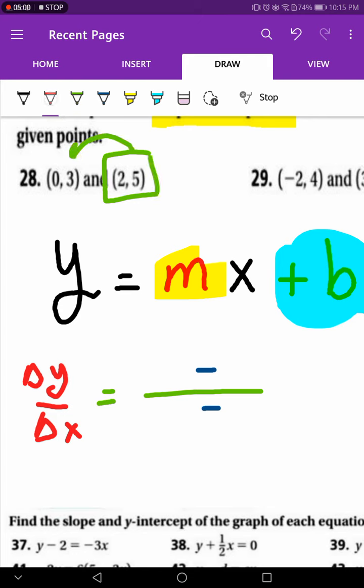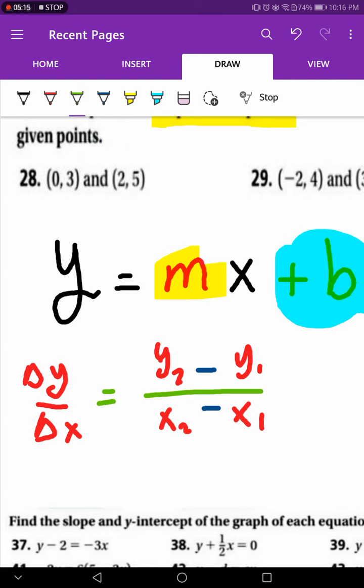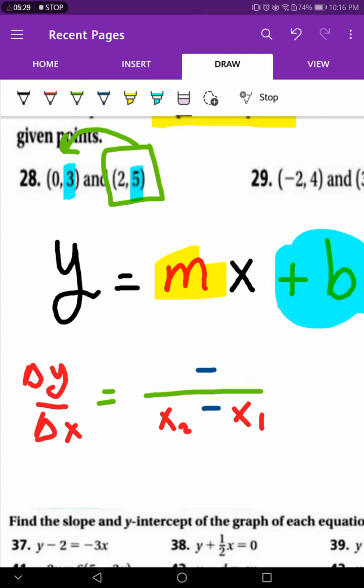But you have to keep in mind, you have to make y2 minus y1 over x2 minus x1. So because I move in this direction, from here to here, this is y2 and this is y1. So erase this and write 5 minus 3.